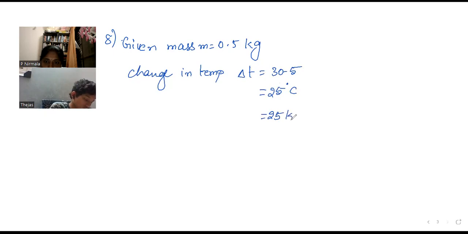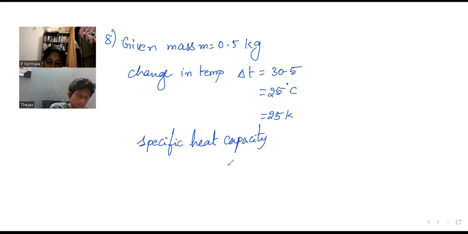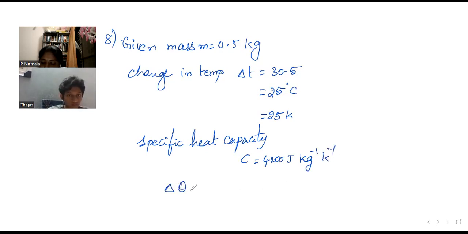So 25 Kelvin. Next, specific heat capacity C equals 4200 joule per kg per Kelvin. So delta Q equals m c delta T. So 0.5 into 4200 into 25.